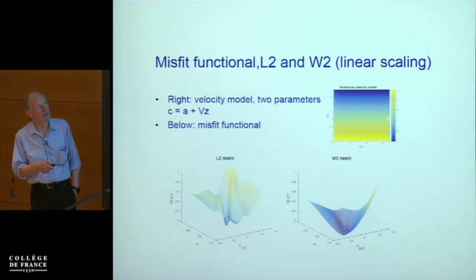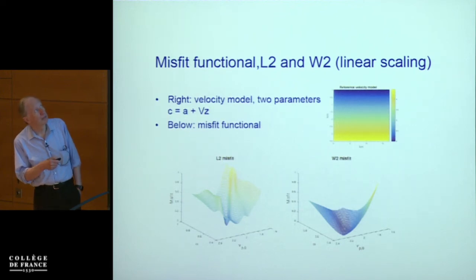So if you do a wave field where you just have a linear increase in velocity, and look at the functional minimizing the difference between the truth and something else, you have a velocity that depends on a constant and another constant times z, so it's linear. Then you would like to look at the L2 norm compared to a constant, and the Wasserstein distance over here.